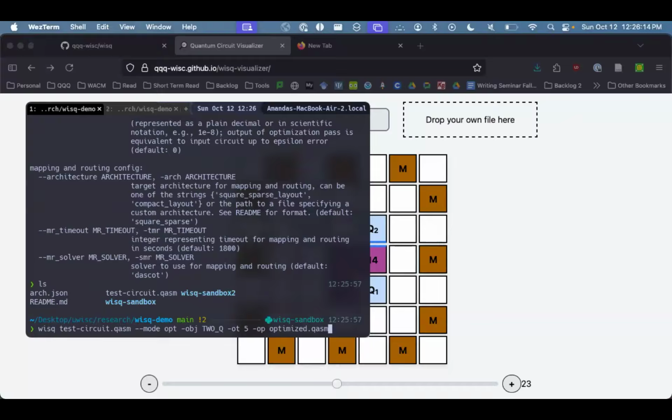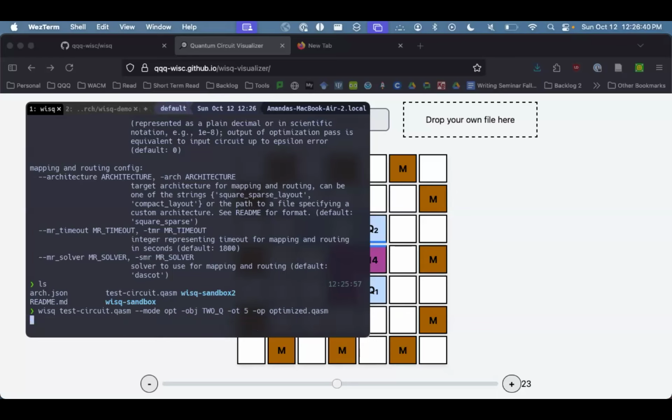So this command is just saying, I want to optimize the circuit, only run the optimization phase, don't map and route it. My objective is to minimize two qubit gates. I'm going to set a timeout of 5 seconds because otherwise it'll run forever. And then I'll put the solution in this optimized.qasm file. So it should run for roughly 5 seconds.